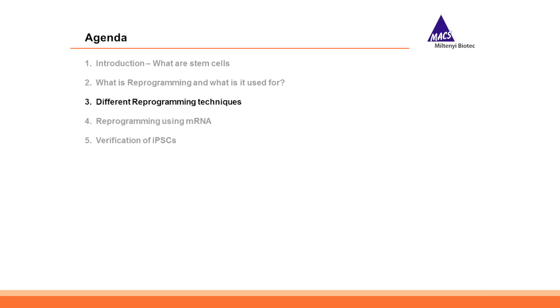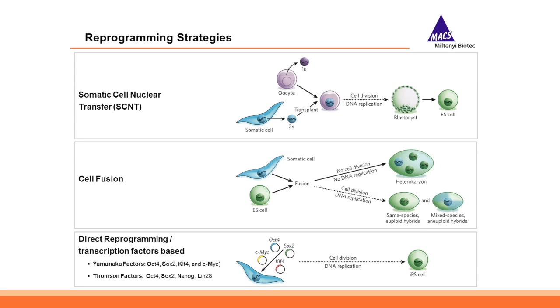So let's go for the third point. Which reprogramming techniques do we have? I just briefly introduced to you the first technique, which was the first evidence that somatic cells can be reprogrammed, published in 1962 by the Gurdon lab.